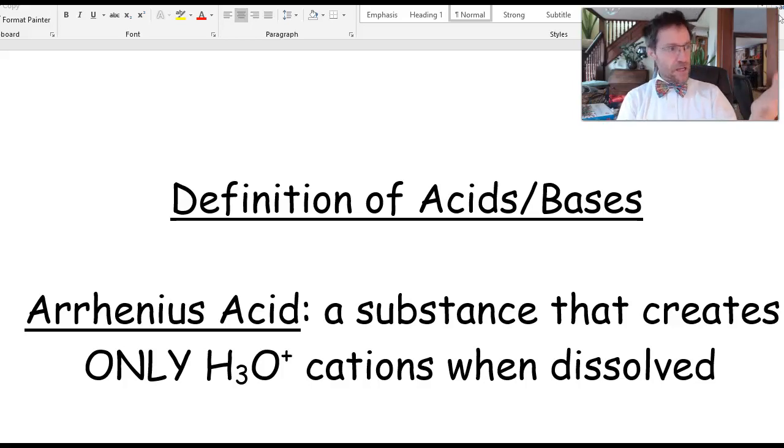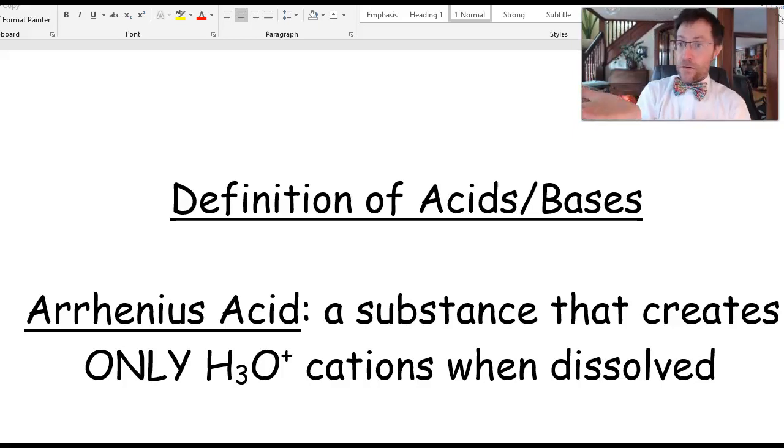If you take a substance and pour it into a solution and it produces a solution with more hydrogen ions, we call that substance an acid because it's making more hydrogen ions in solution. Same thing, only completely opposite. If you take a different substance and pour that into solution and it makes a solution with more hydroxide ions than hydronium ions, then we call that substance a base.